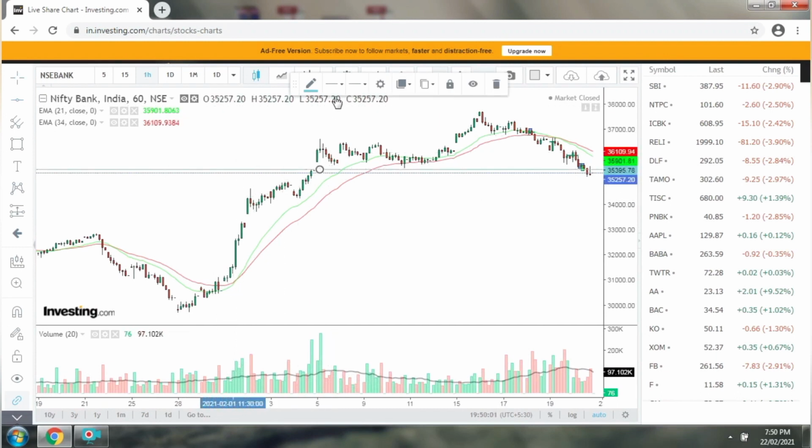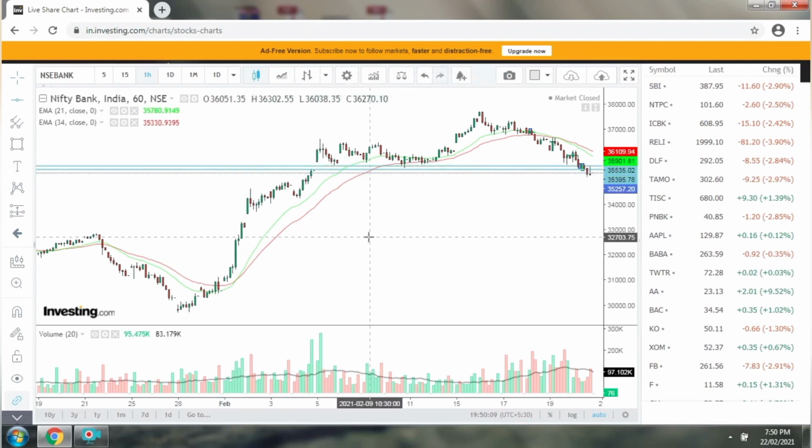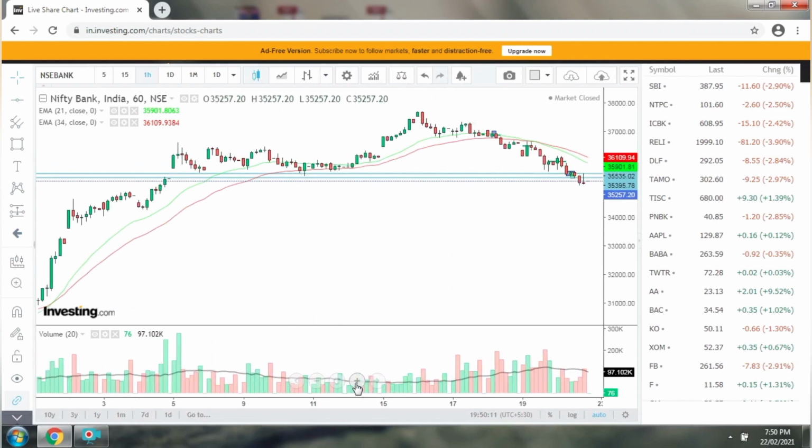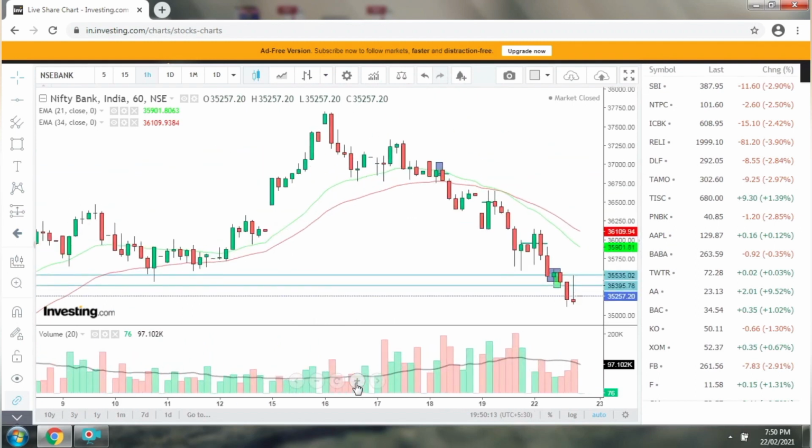This is an hourly chart, and I have marked two levels here which could have acted as support because there was a gap, and I thought that the market can take some rest here or take a small dead cat bounce.